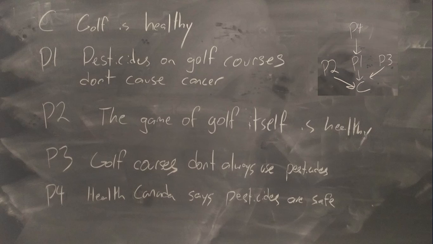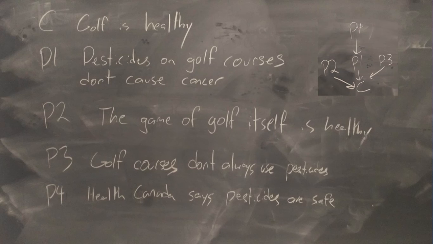If I say plutonium is dangerous, but we don't use it, that's a reason to believe you're not in danger. If we say plutonium's not dangerous, so you're not in danger, that would be an independent reason. And if both are true, plutonium is not dangerous, and furthermore we don't use it very much, you've got two independent reasons to believe you're not in danger. That's why I would rank P3 and P1 as independent reasons to believe the conclusion.